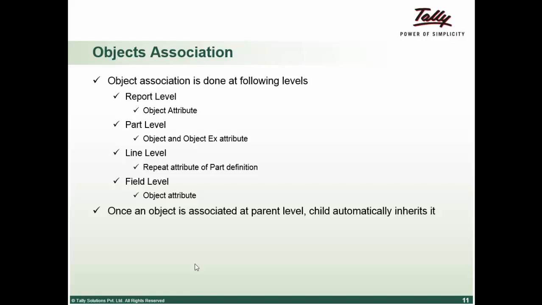However, you can make use of the object attribute to change the object context. This object attribute takes the name of the sub collection. So in case you want to make use of the object attribute at part level, report should also have an object available, and only primary objects can be associated at the report level.